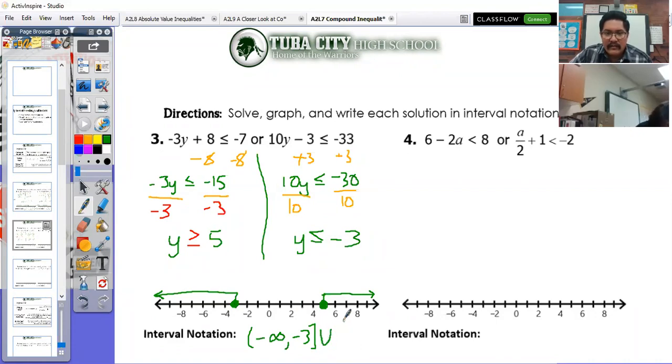Use the U symbol for union. And I have to do this side. So it's going to be y values greater than 5, including 5, all the way to infinity. But we can't include infinity, so it's going to be a rounded parenthesis for that one. And there you go. See, not so bad.